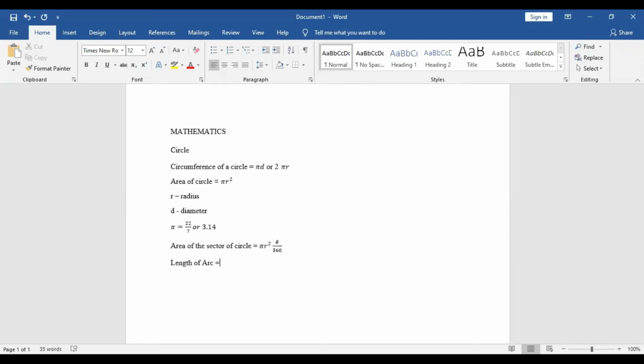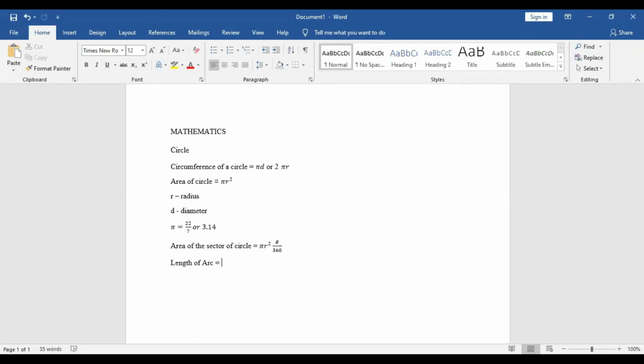So if you're asked to calculate the length of the arc, how do you think we calculate it? Anybody know? 2 pi r, then the degree they give you over 360.